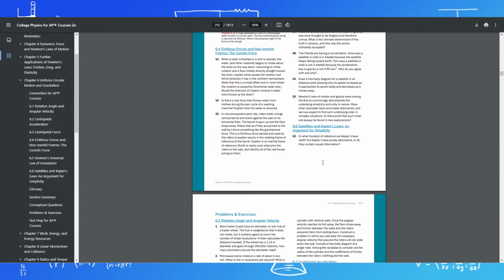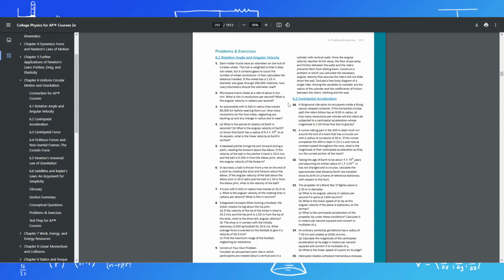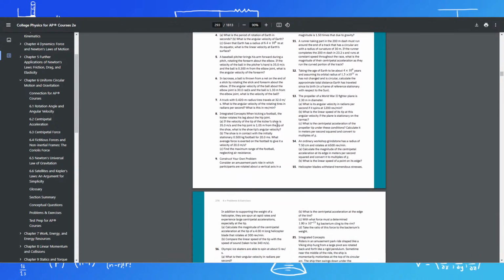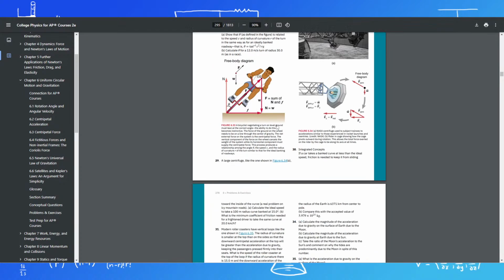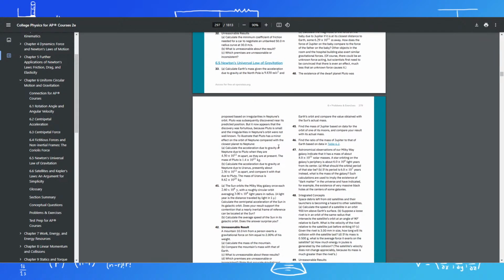If you see that, just ignore it. We'll learn about it soon in the upcoming chapter. And then in the problems and exercises, same deal. From 6.1 through 6.5, you should find some decent practice questions to try out.